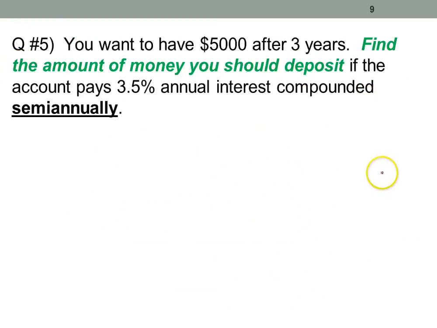Now, the last one's a little bit different. It says you want to have $5,000 after 3 years. Find the amount of money you have to deposit if the account pays 3.5% annual interest compounded semi-annually. So this one is backwards. So when I'm thinking of my A and my P, I have to make sure that I put the correct number in the correct place. I want $5,000 after 3 years.